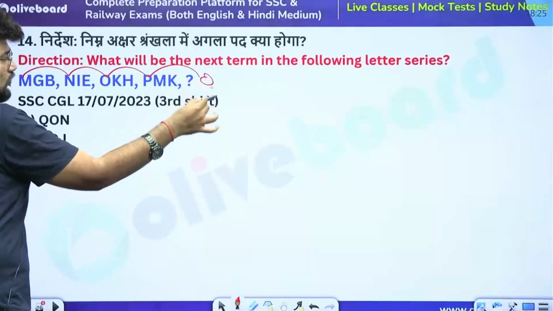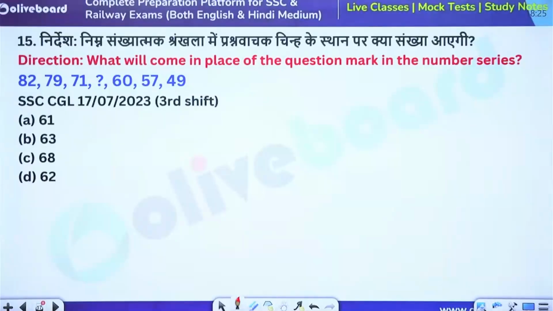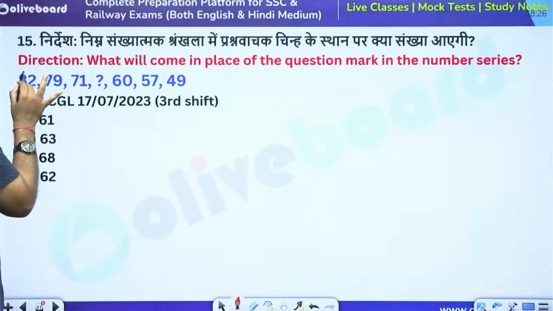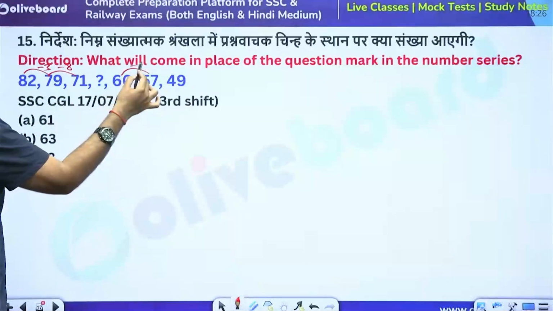M, N, O, P starting with Q, only one option, so option A is the right answer. Next. -3, -8, -3, -8.